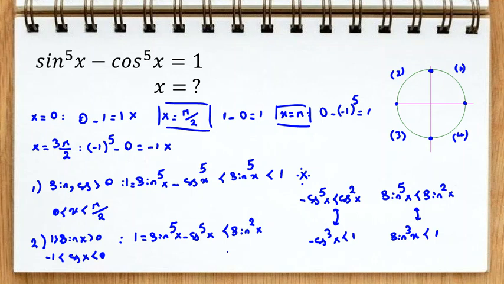So if you raise it to the power of something, again, cos cubed x is also between -1 and 0. So if you multiply by -1, the sign will be switched. Negative cos cubed x is between 0 and 1. So here we proved this part.